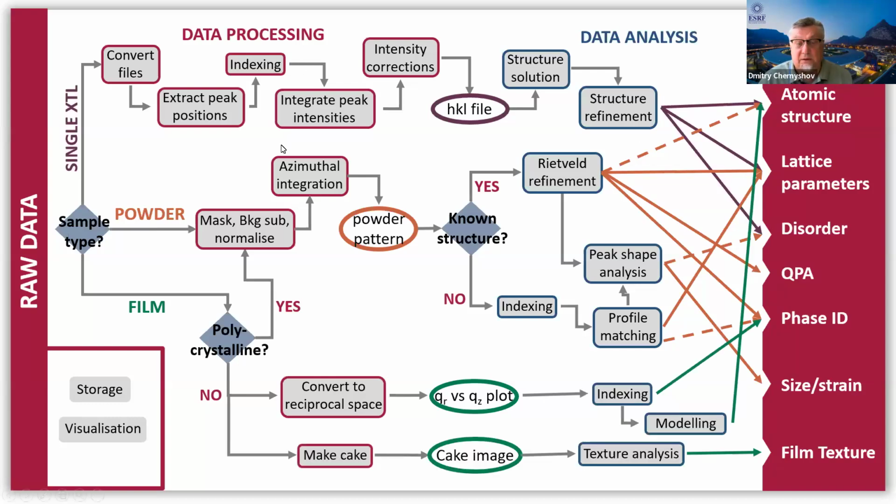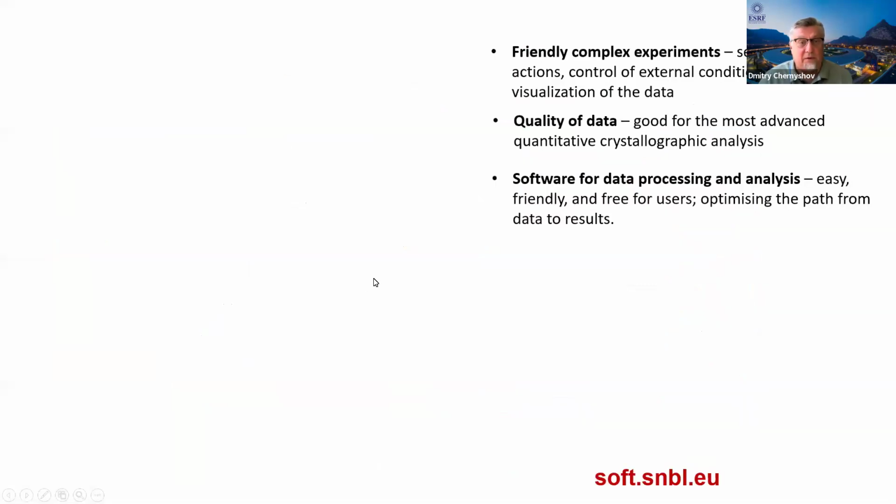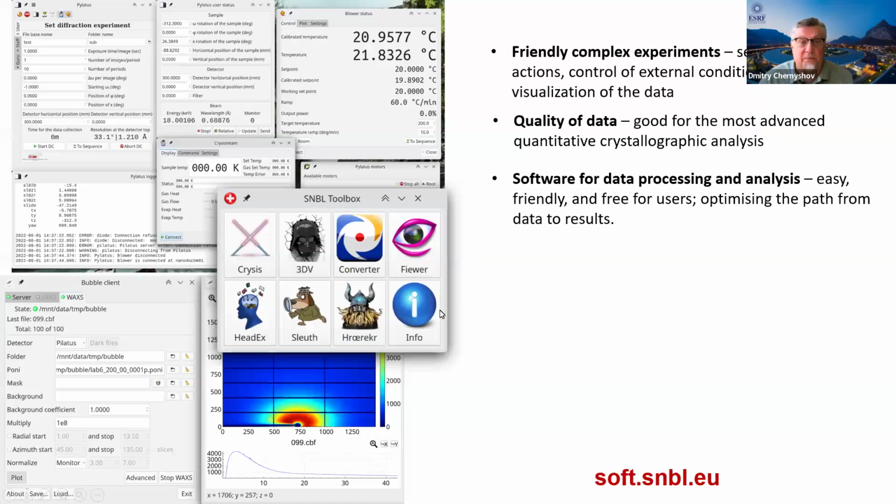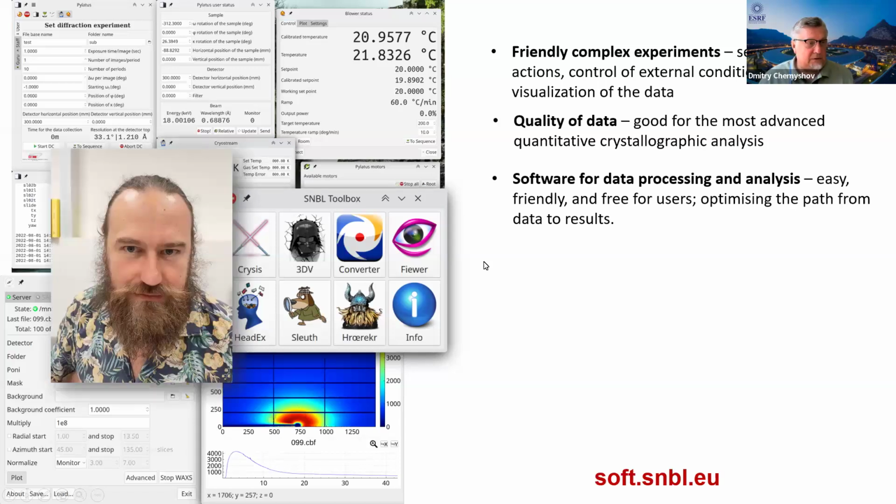It looks messy, and it's messy indeed, but we know this pathway very well, and we develop a lot of software tools which help users get to the results as fast as they can, and also organize the experiment in a friendly way, controlling the conditions from our software and making complicated sequences of actions in the experiment. We have a dedicated person, Vadim Dyadkin, our beamline scientist, who enthusiastically writes this software.